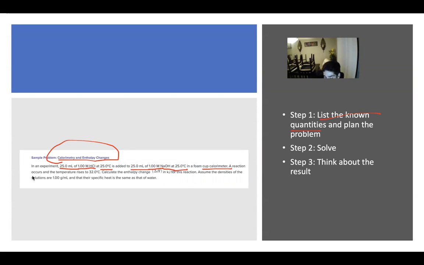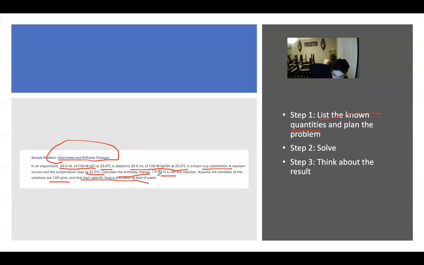So a reaction occurs and the temperature rises to 32 Celsius. Now she wants you to find enthalpy in kilojoules. Assume densities of the solution are 1 gram per milliliter and their specific heat is the same as the water.